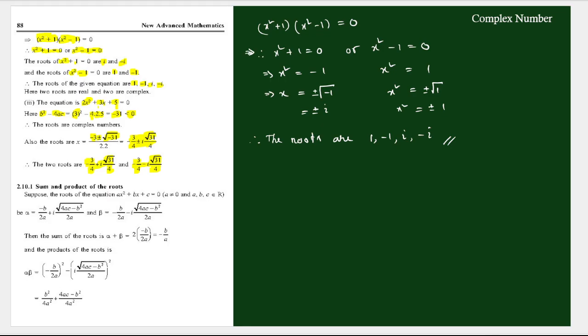Now find out the sum and product of the roots. Say the roots are alpha and beta. So alpha plus beta and alpha beta.